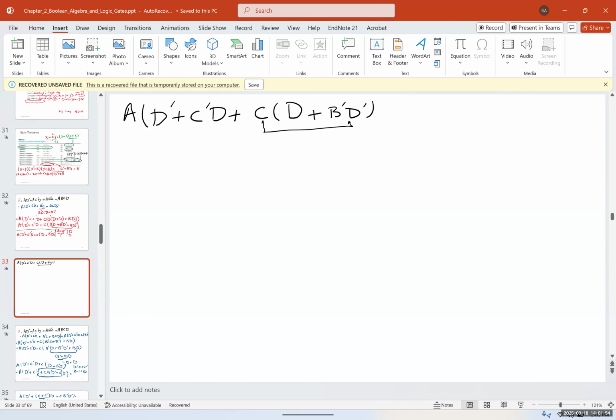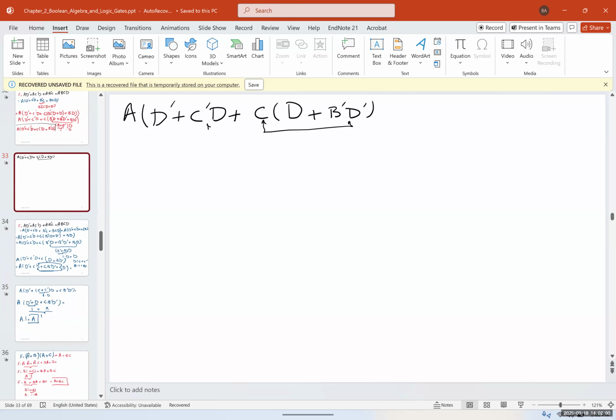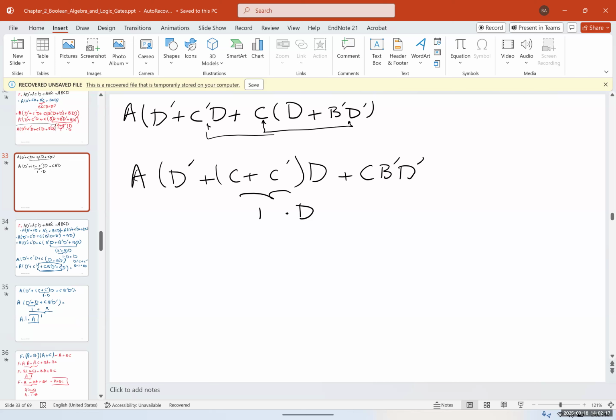Here we would have C prime D prime B, and here we would have C prime D. And when we combine them together, again, one of them is going to be equal to 1. So I would have A D prime plus C prime times D. Again, this would be 1 times D plus C B prime D prime.